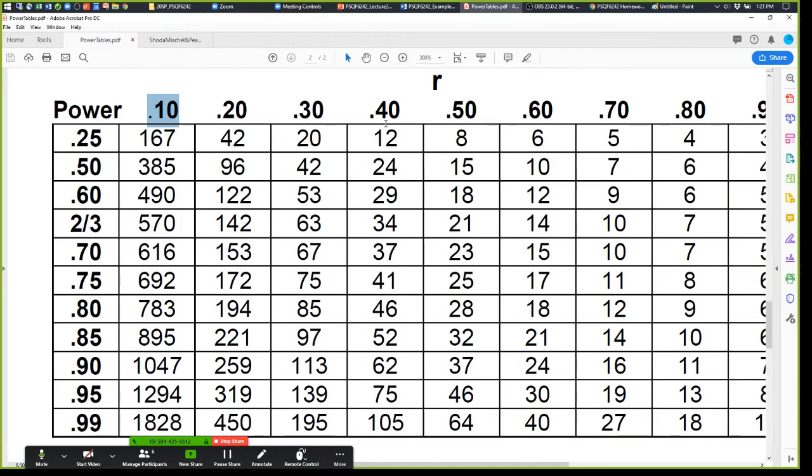The answer is over here. So here's my correlation of 0.3. On 33 people, I'm somewhere between these two cells right here of 20 and 42. If I have between 25 and 50% power, what's my type 2 error rate?